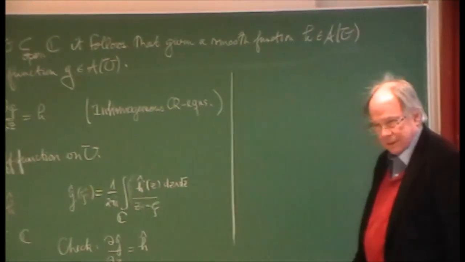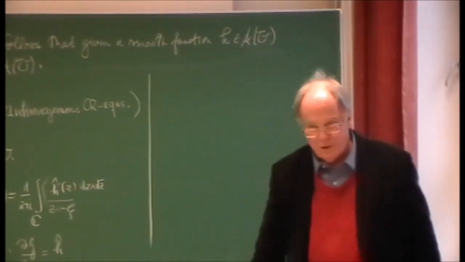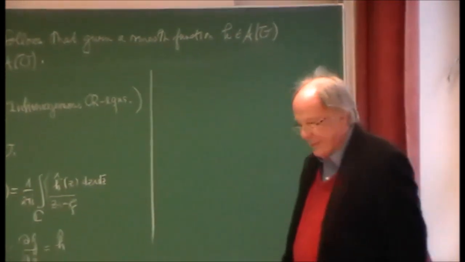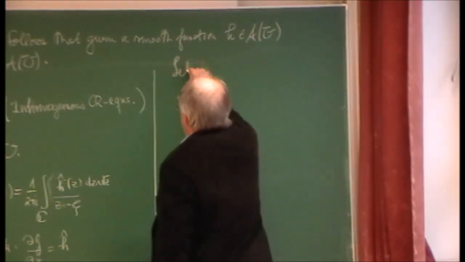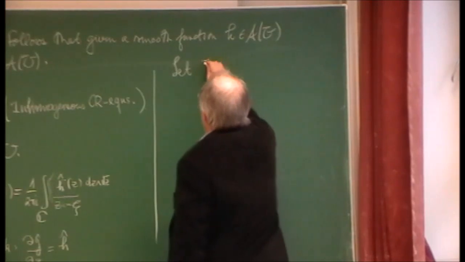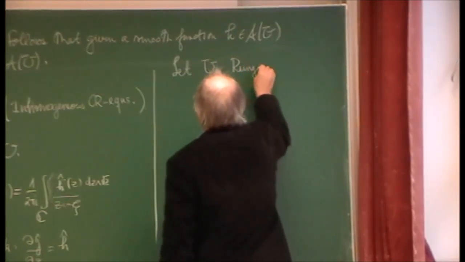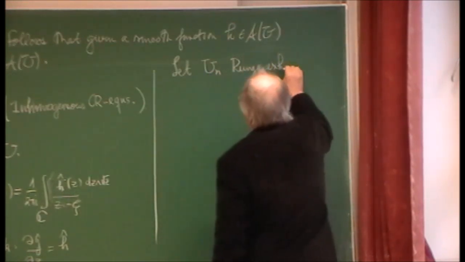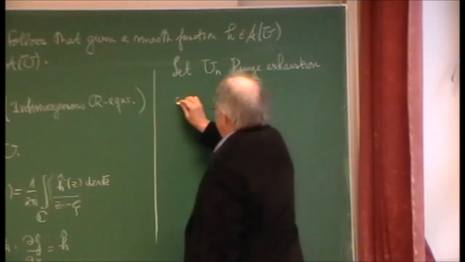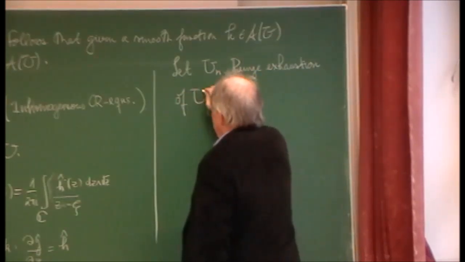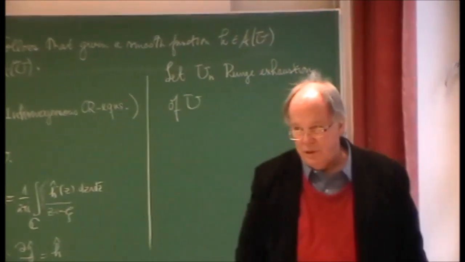Now let's, just to give you a good experience, you people who had function theory in one complex variable. Let UN be a Runge exhaustion of U. I'm only bothering to explain this to you because you need to learn some technology.